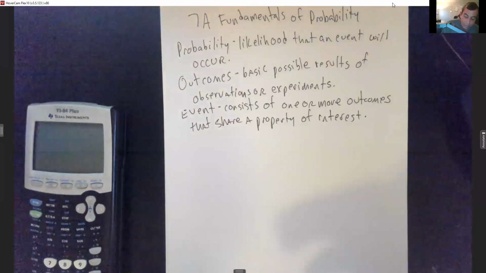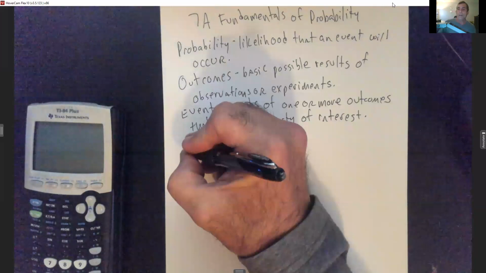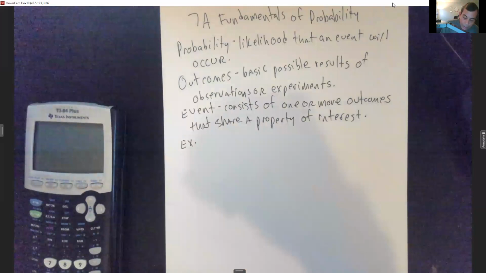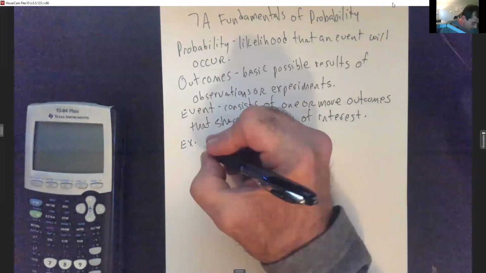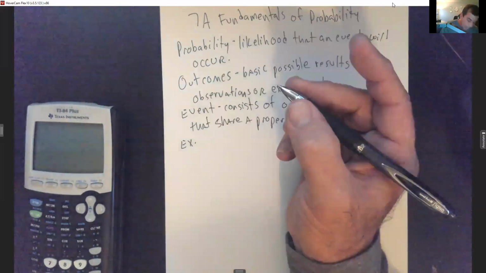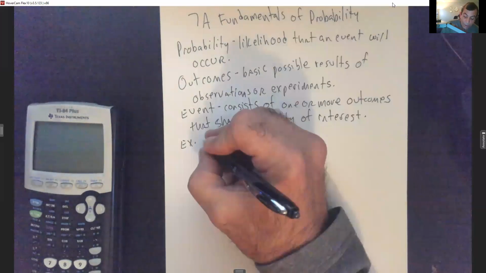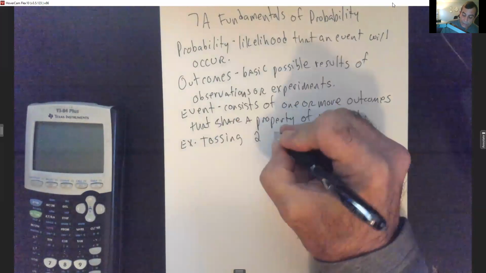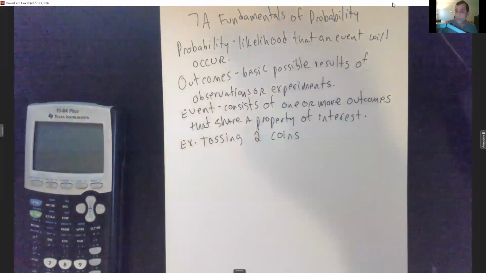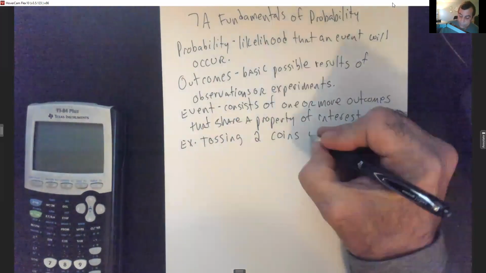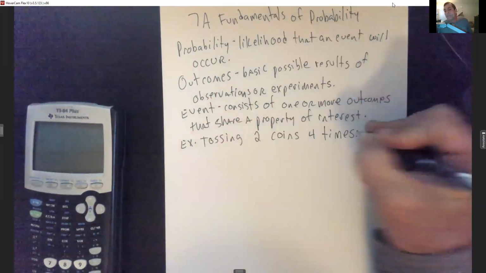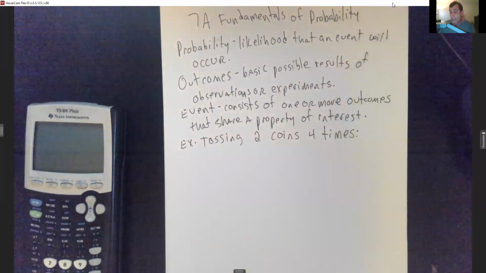So for an example, I'm going to flip two coins. Tossing two coins 4 times. So let's look at the possible outcomes I could get.